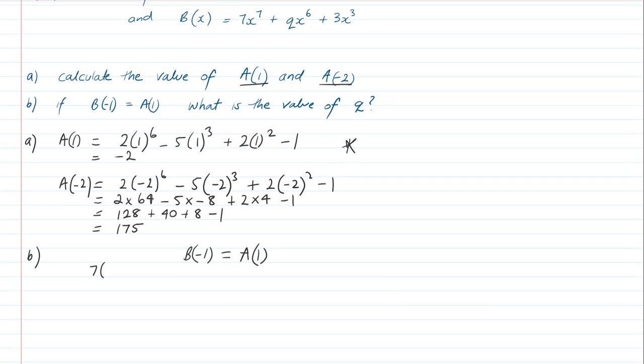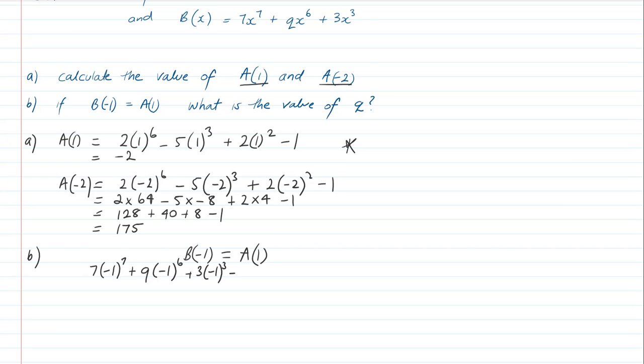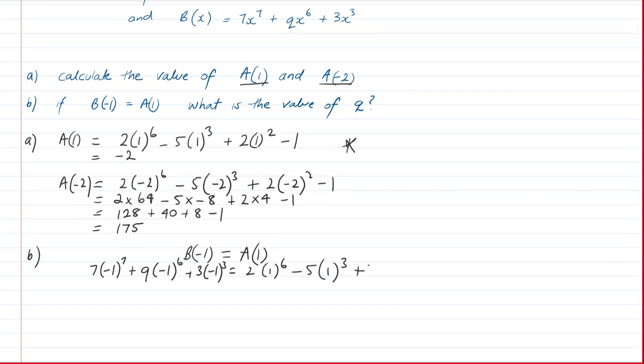So it's 7 times negative 1 to the power 7 plus q times negative 1 to the power 6 plus 3 times negative 1 cubed is equal to, and now I can put in my a values here, which is 2 times 1 to the power 6 minus 5 times 1 to the power 3 plus 2 times 1 squared minus 1.